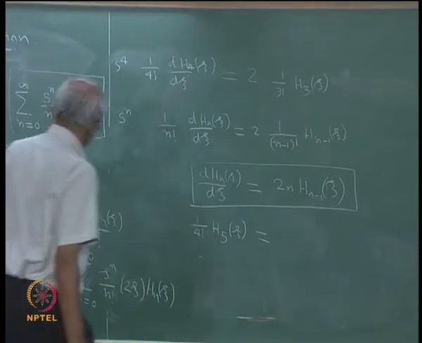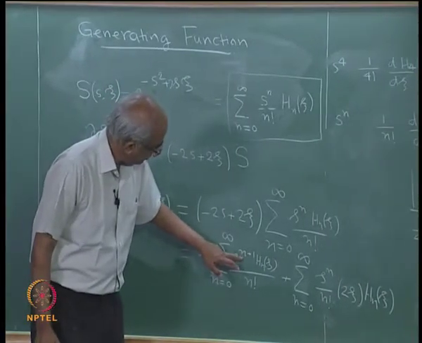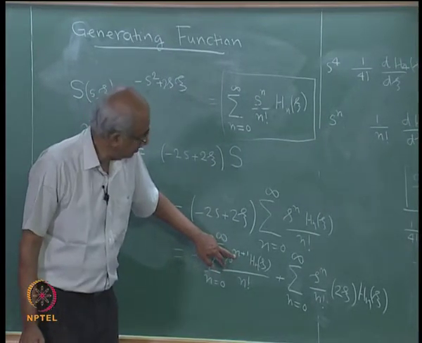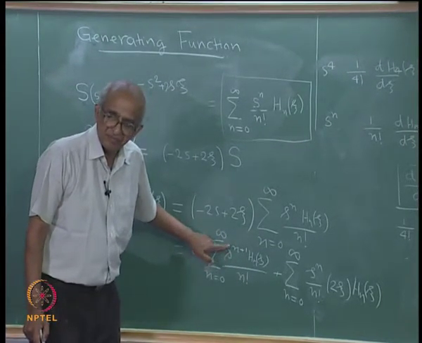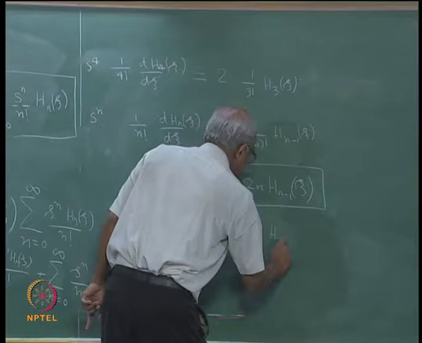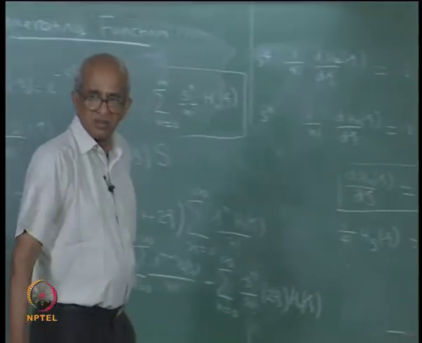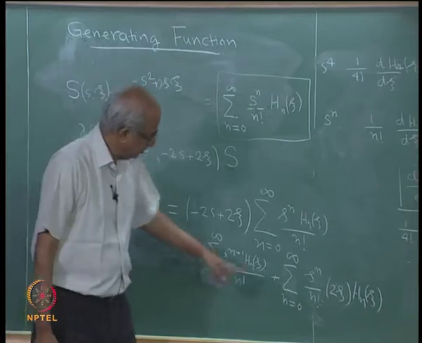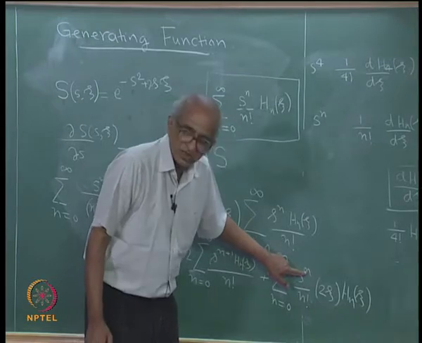is equal to the right hand side. In the right hand side, you see you have to have s to the power of 4, that means you will have to put n plus 1 should be equal to 4, that means n is 3, right. So, you will get H3 of C divided by 3 factorial, right, because n plus 1 has to be 4 to get s to the power of 4, and as far as this term is concerned, to get s to the power of 4, it is quite straightforward, you have to just put n equal to 4.